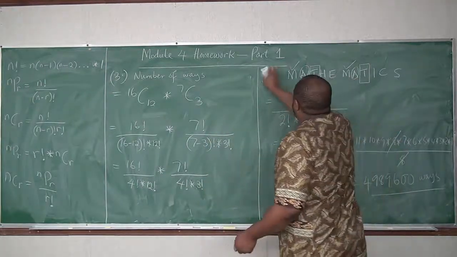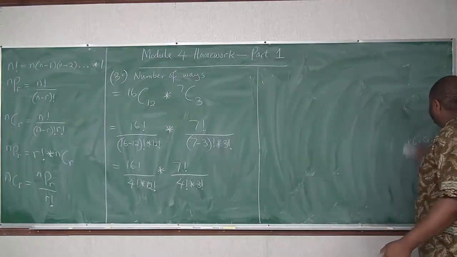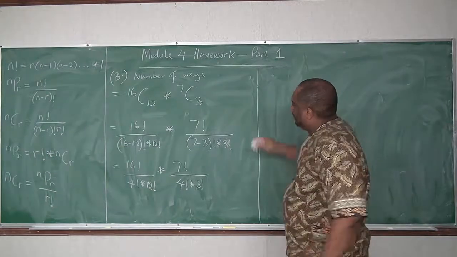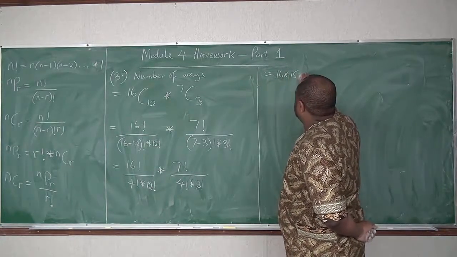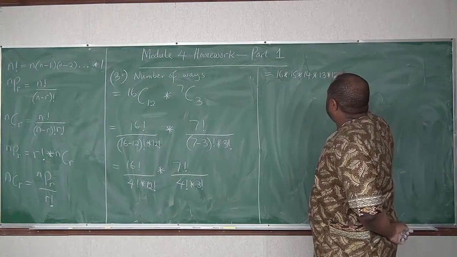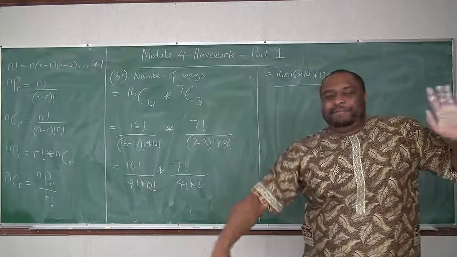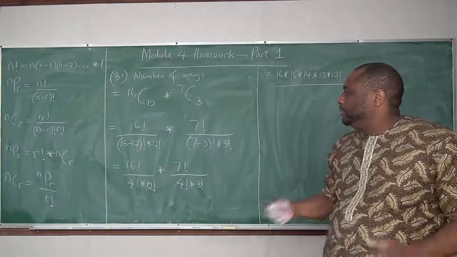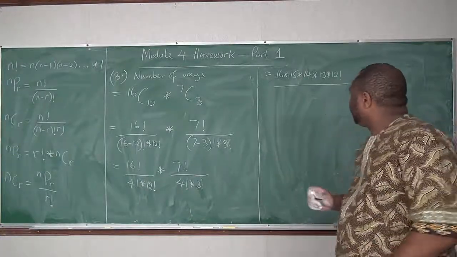Alright folks, let's do this. So this will give us 16 times 15 times 14 times 13 times 12 factorial. Even if you're asked not to use a calculator, you can still do this by simplifying it.